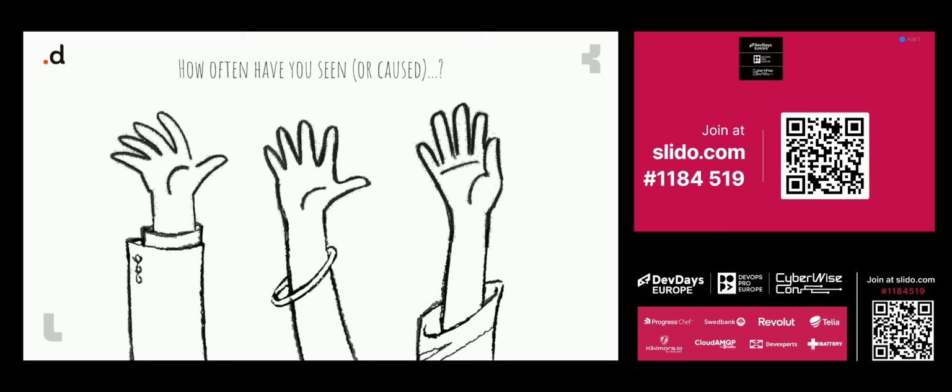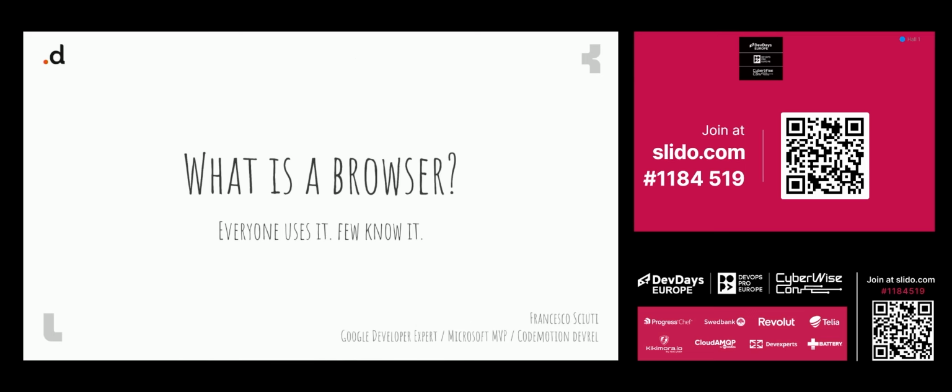It's time to understand why our dear and beloved browser sometimes acts like this. But what is a browser? Everyone uses it, but only some really know how it works. So let's start by learning how it works and what challenges it might face.